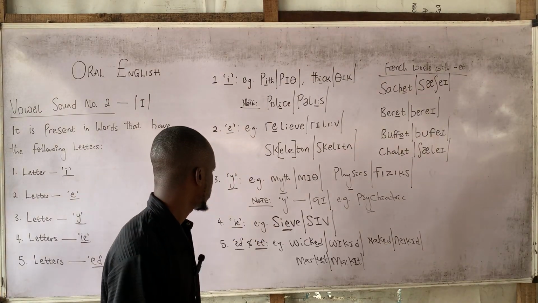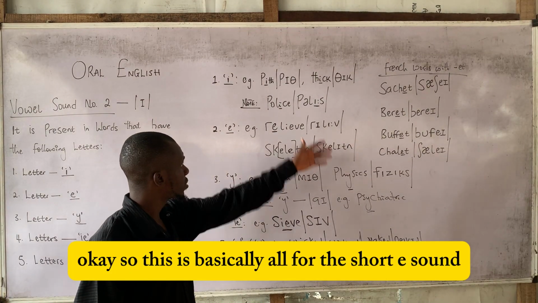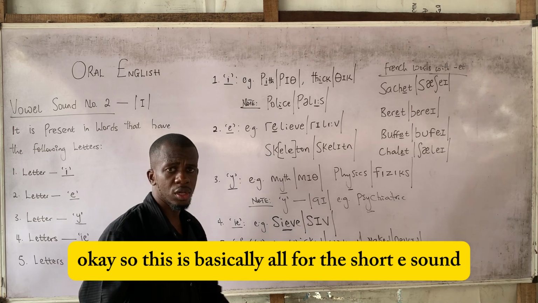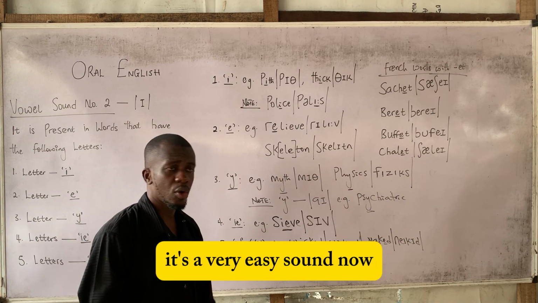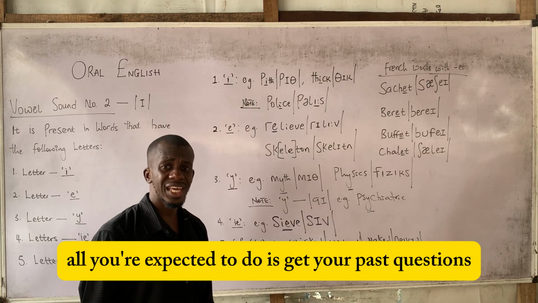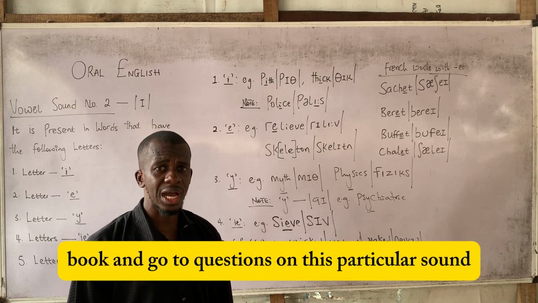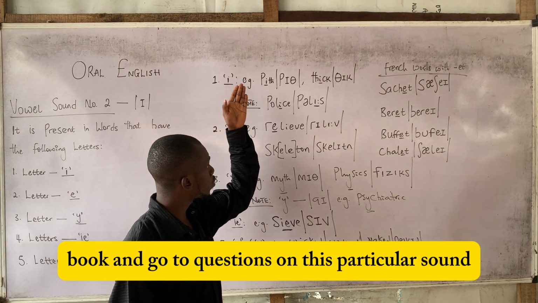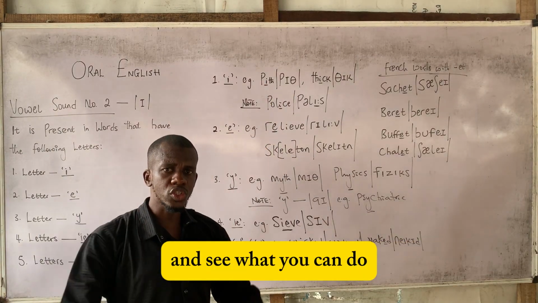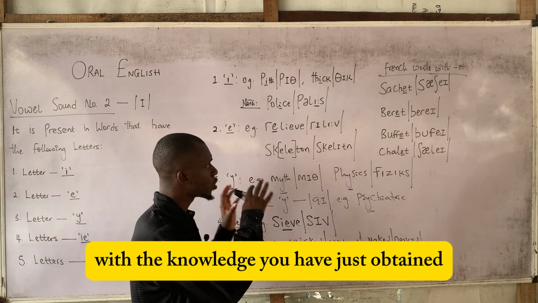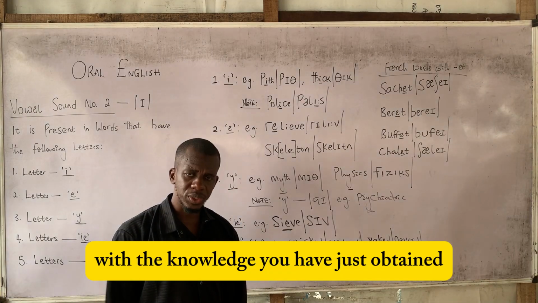That's lovely. Okay? So this is basically all for the short e sound. It's a very easy sound. Now all you're expected to do is get your past questions book and go to questions on this particular sound and see what you can do with the knowledge you have just obtained.